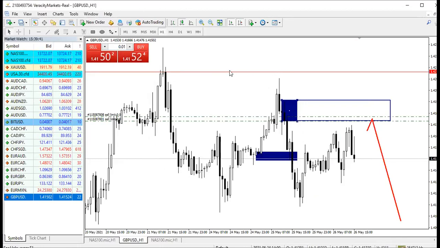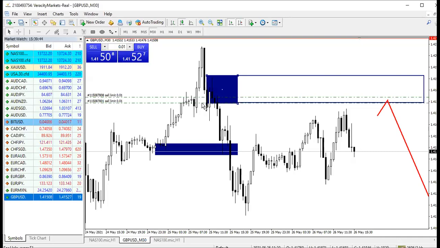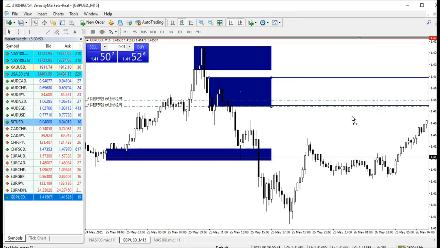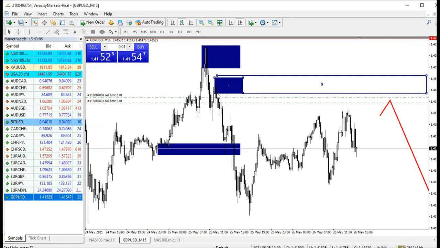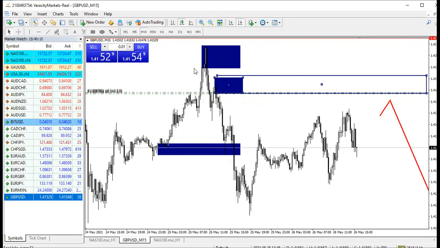See, I can dive deeper to a smaller time frame to check. I have this zone again. Smaller time frame to reduce my risk, meaning I can take my orders up just to reduce my risk.